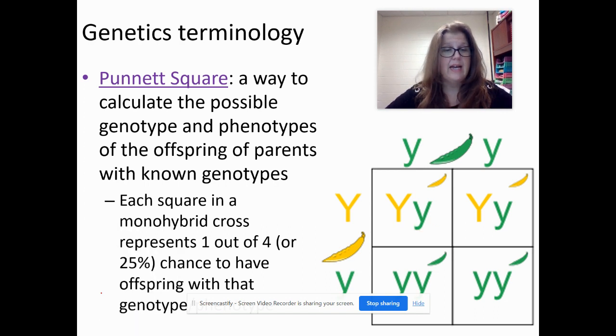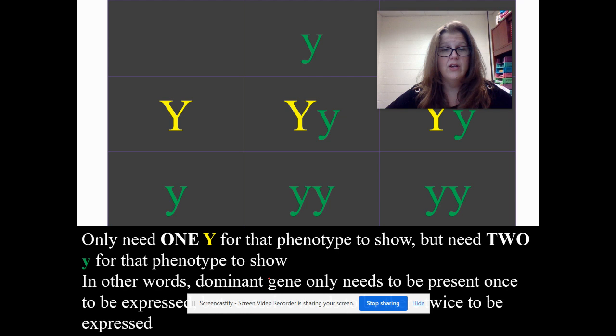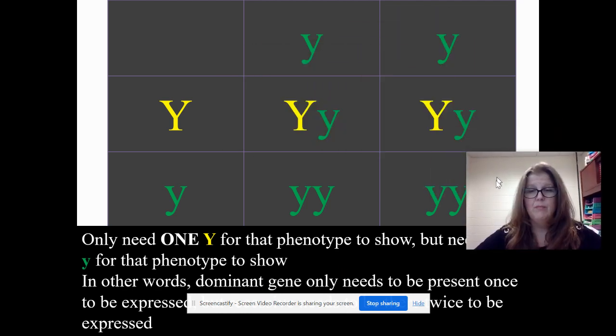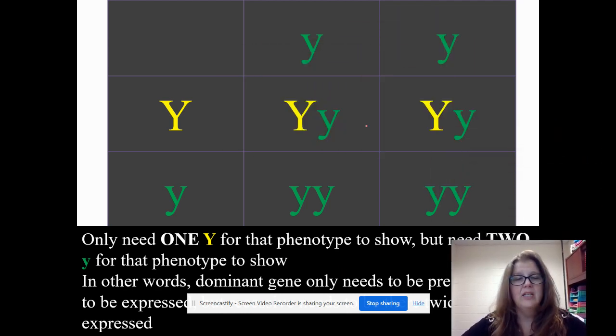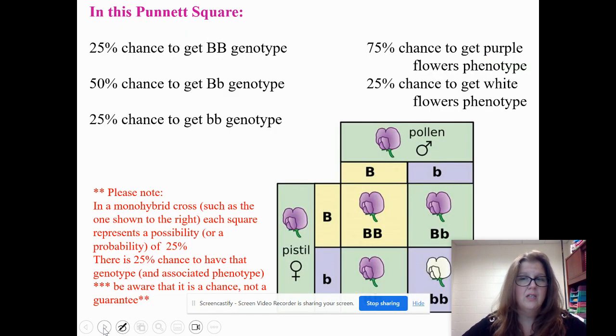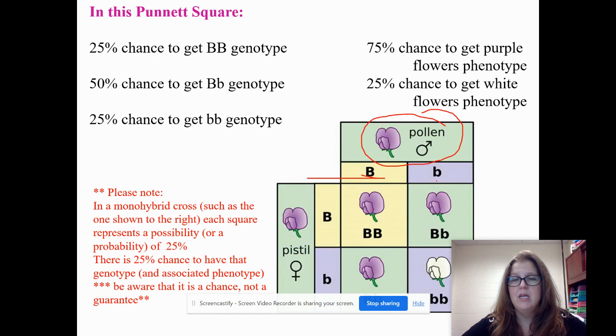So let's look at another example of this. It's the same thing just over again. Let me go to the next one. So going back to those lovely pea flowers again, because I keep talking about that. So this is one parent up here, and this parent can give a big B or a little b because they are heterozygous for this flower color.